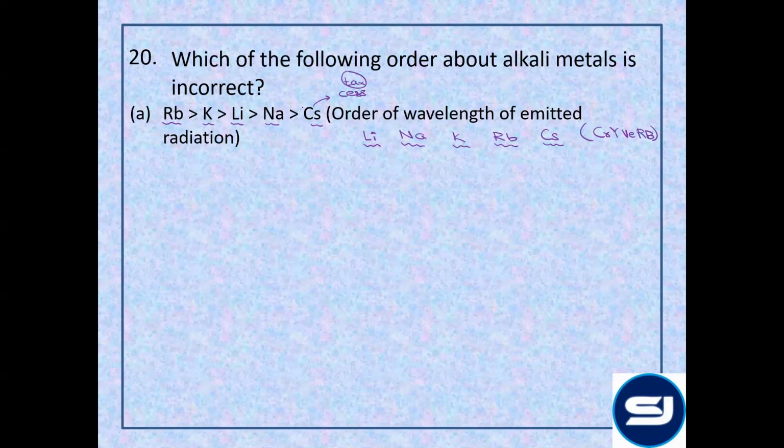That is how you can remember the order of wavelength of emitted radiation. ठीक है, तो इसकी वैल्यूज भी आपको बताऊंगा, but ये एक ऑर्डर बहुत इंपॉर्टेंट है and it's correct.